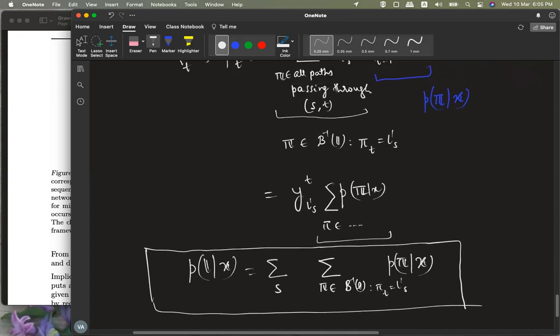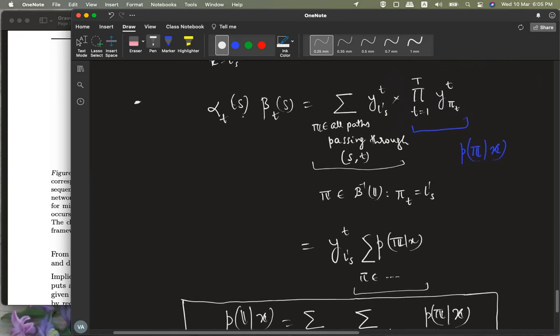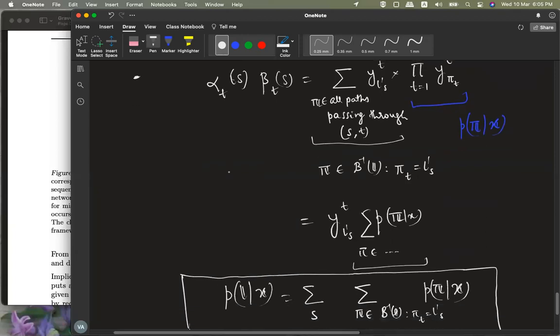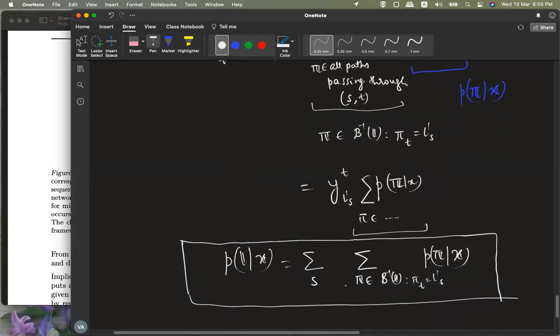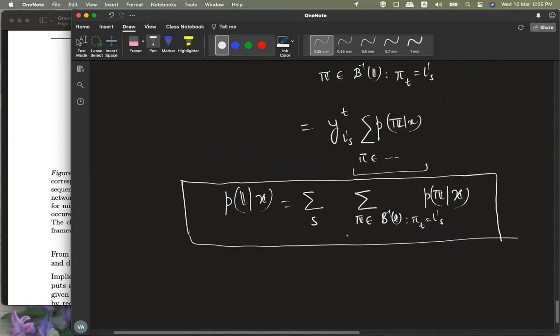And how do you compute P(π|x)? You compute it from here. This term is simply alpha.